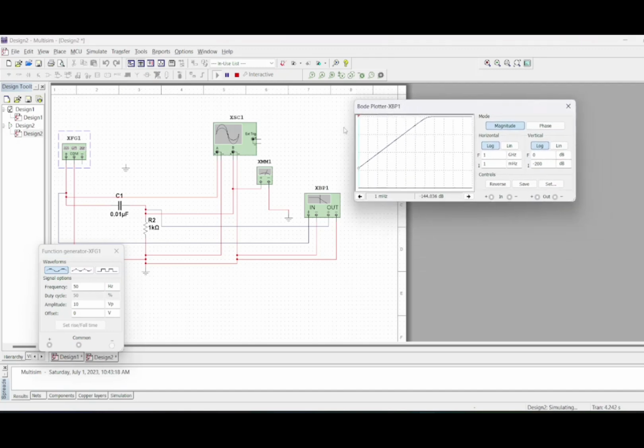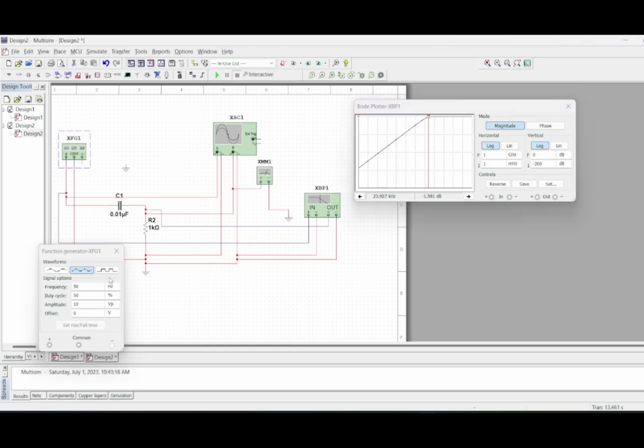you can see that at 50 hertz frequency, the cutoff frequency for this circuit is 30.952 for the sine wave. When I change the waveform, the cutoff frequency also changes, which you can see becomes 23.927 kilohertz.